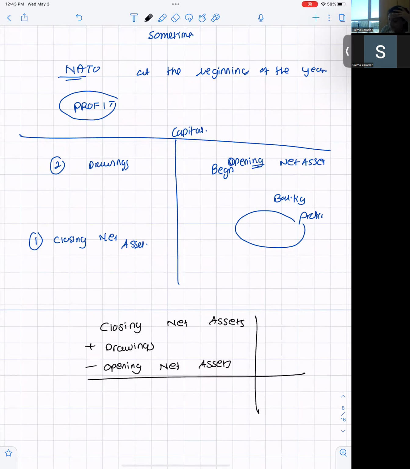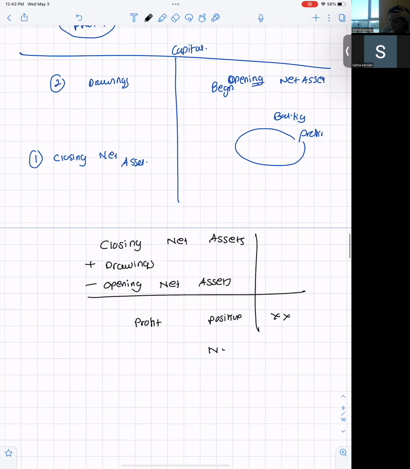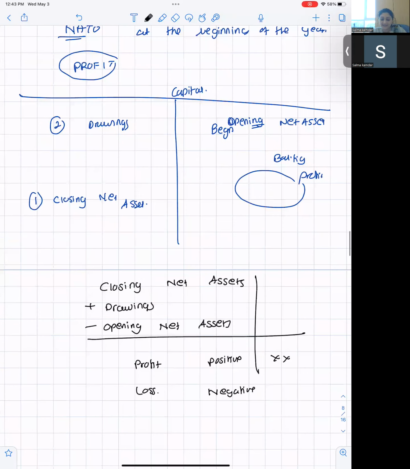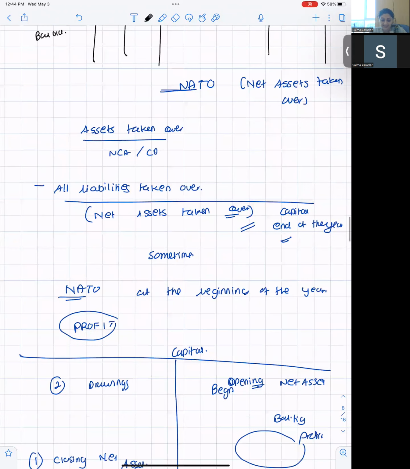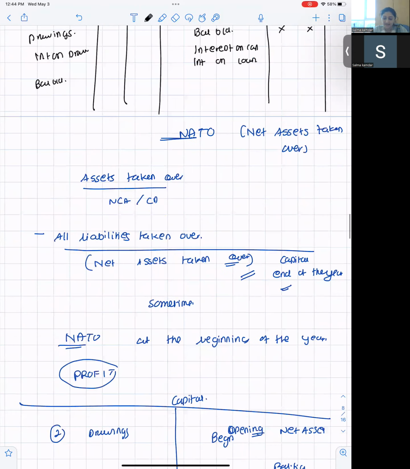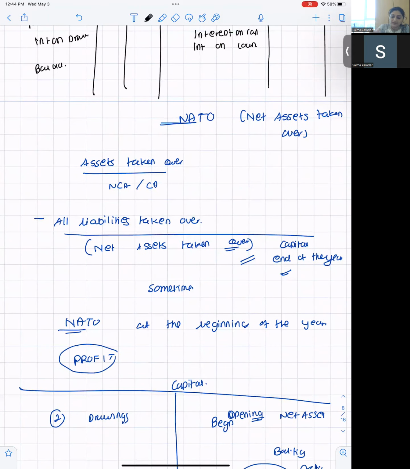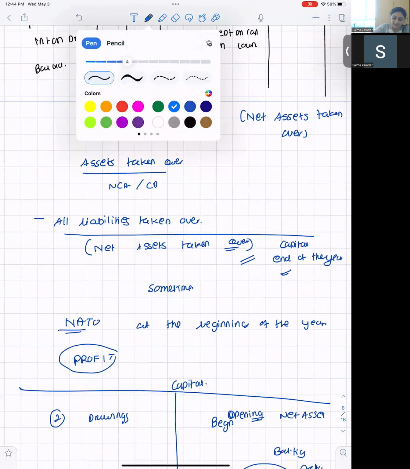If the answer you get is positive, that means you have a profit. And if this answer is negative, that means you have a loss. So sometimes they will ask you to calculate net assets taken over, then they will ask you to calculate profits. How do you calculate the net assets taken over? Your total assets taken over minus your liabilities taken over will give you your net assets taken over.